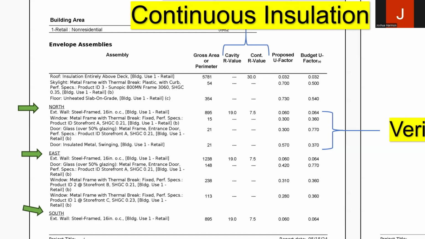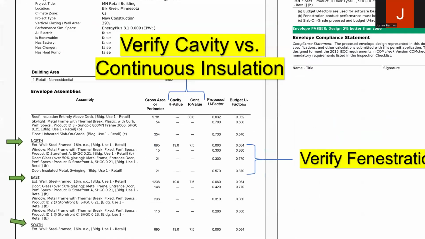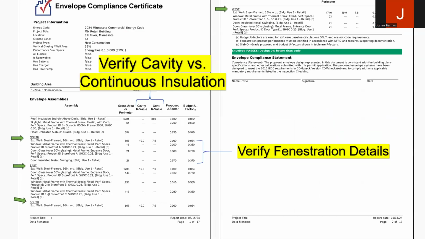That is correct. So the question on the chat is, so COMCheck allows the designer to add more insulation in one area, example being exterior walls or R21 versus the required 13 or 19, to put less in another area, saying let's go with slab R10 versus R20, as long as the entire envelope passes as a whole. And the answer is yes, because that's the trade-off. If we were following prescriptive table only, then they have to meet those tables.